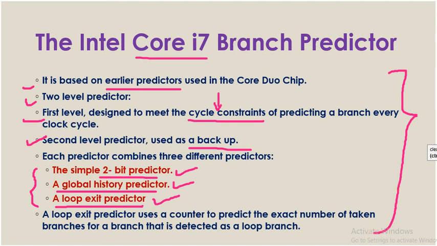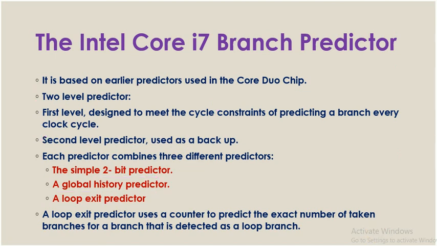So in today's session we have discussed the compiler technique called branch prediction, and different types of branch prediction: basic 2-bit prediction, then correlating branch prediction that uses an (m,n) predictor mechanism, then the tournament predictor, and in the Core i7 a new predictor called the loop exit predictor.